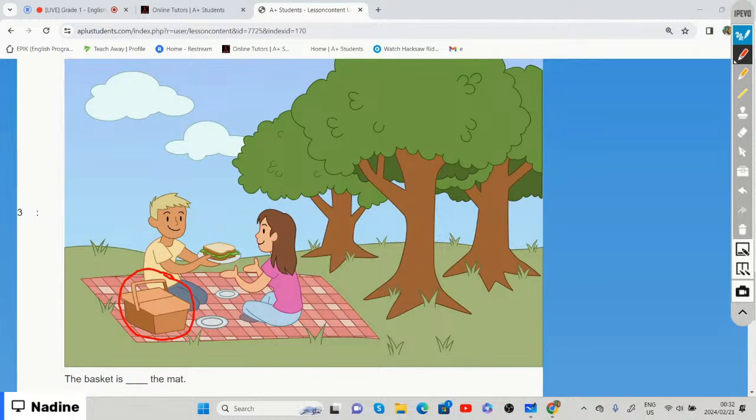That is where the basket is. The basket is next to the boy, but where specifically, when it comes to the mat, is the basket?